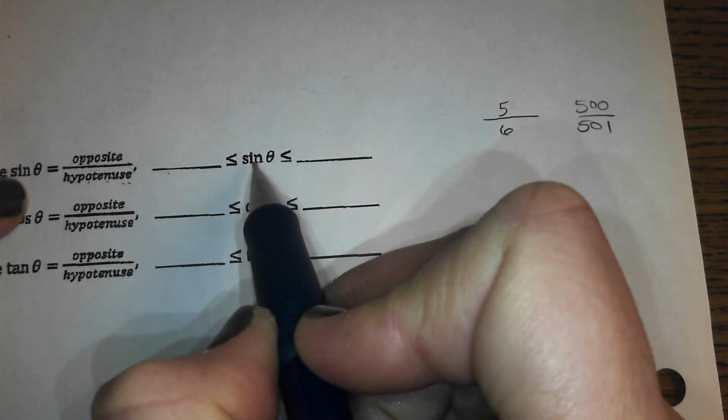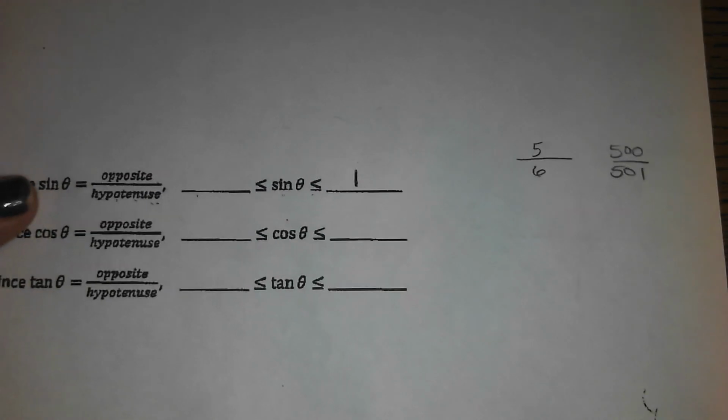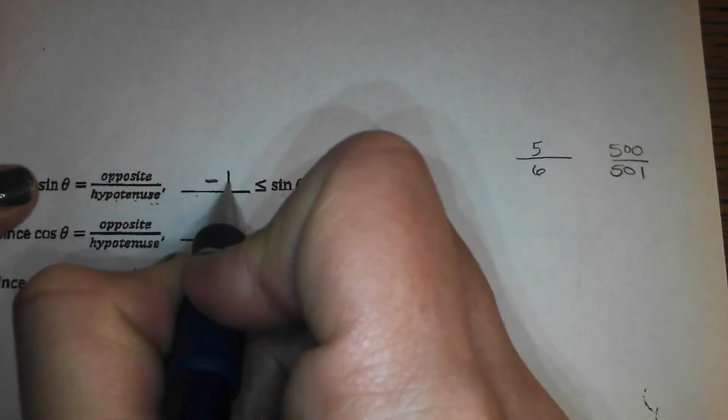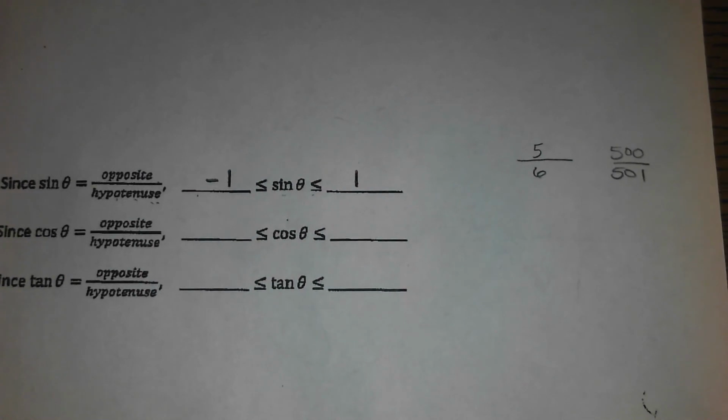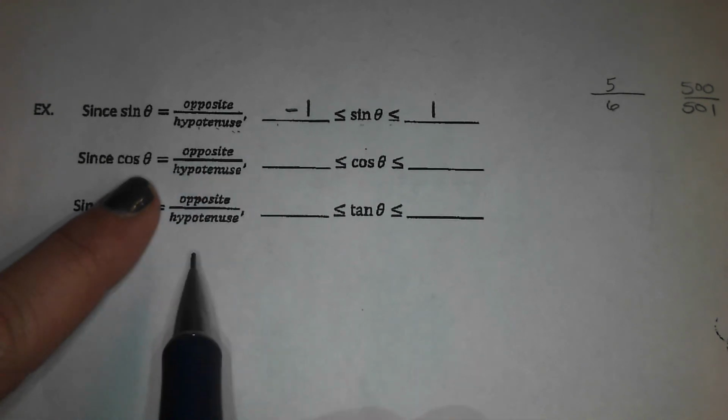The sine of any angle will never be bigger than 1. And it will never be smaller than negative 1. It has to be between negative 1 and 1 for that reason. So really the value has to be between 0 and 1, but because we know sometimes it's plus and sometimes it's minus, it's between 0 and 1 or between 0 and negative 1. And the same thing is true for cosine, because that should say adjacent.